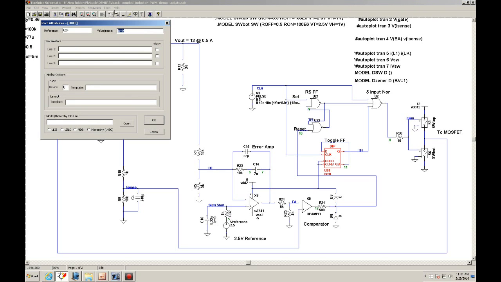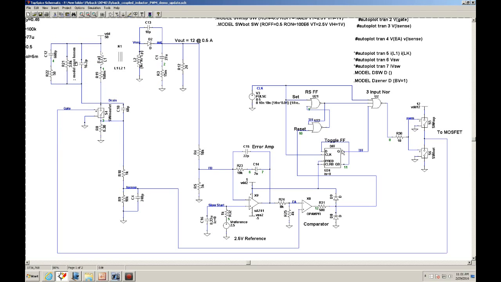So to define it, you put IS equals 0. So basically what it does, it sets your Q to 0.